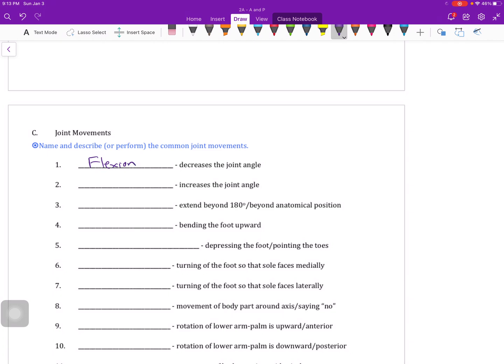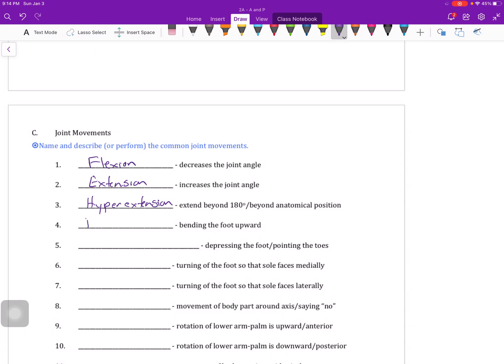Decreases the joint angle. Extension increases the joint angle. Flexion decreases, extension increases. Hyperextension extends beyond 180 degrees, beyond anatomical position. Very painful.